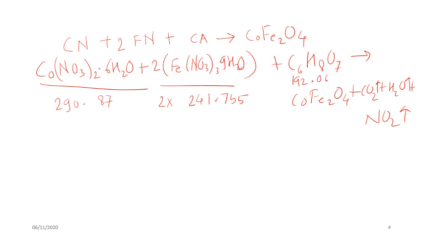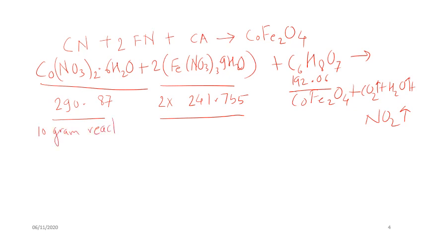So we have to take this molecular weight plus 2 times this molecular weight plus this molecular weight. Once we take those molecular weights, we cannot add this much gram of substance. So let's say we want to do the reaction for 10 gram of reactants.